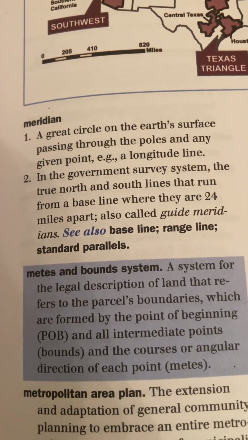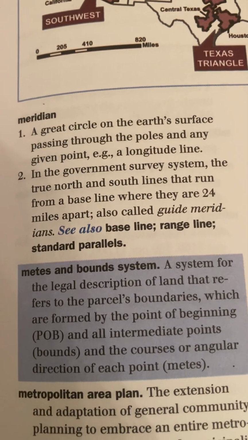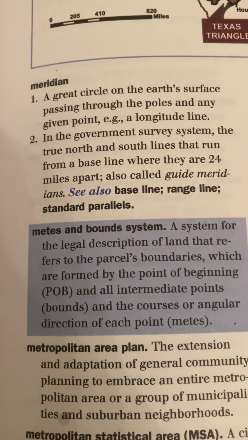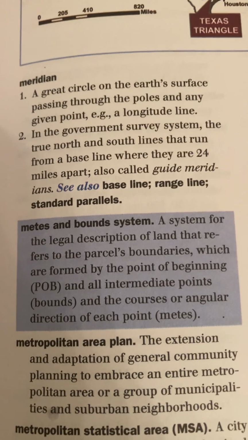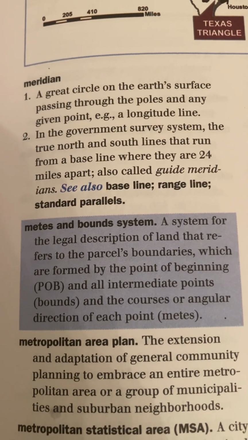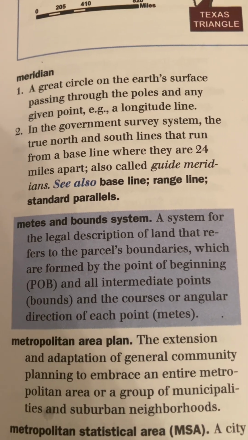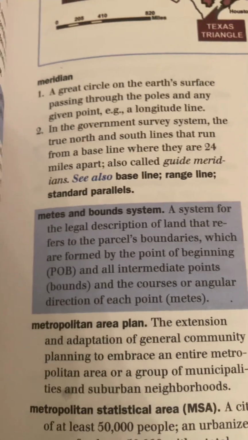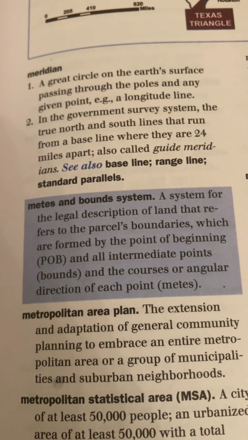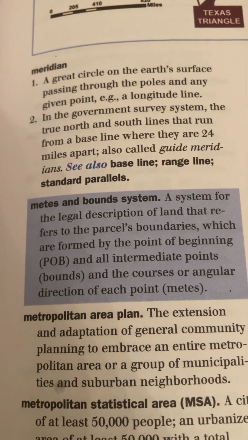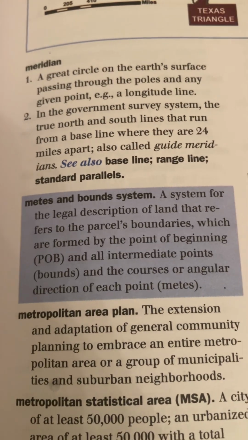In the government survey system, the true north and south lines that run from a baseline where they are 24 miles apart, also called guide meridians. See also baseline and range line and standard parallels.